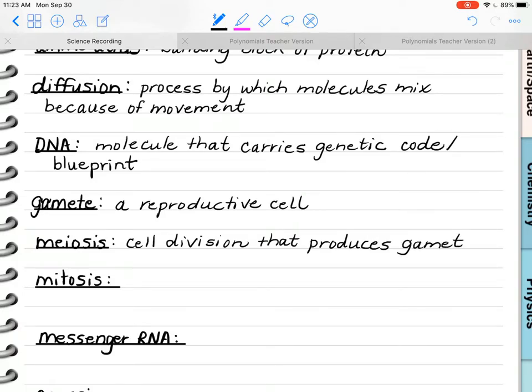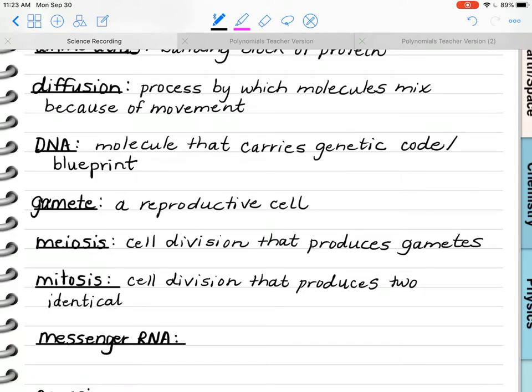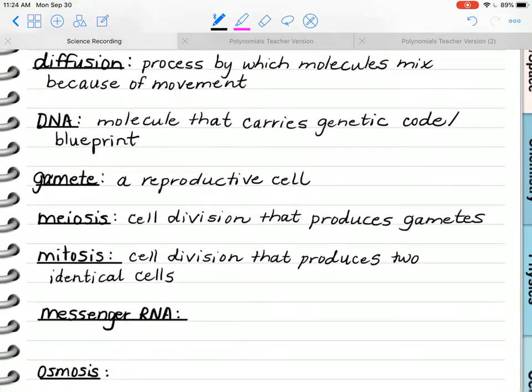And mitosis is cell division that produces two identical cells. Remember those centrioles in that animal cell that are involved in cell division? They're involved in these processes. Your cells divide to reproduce.